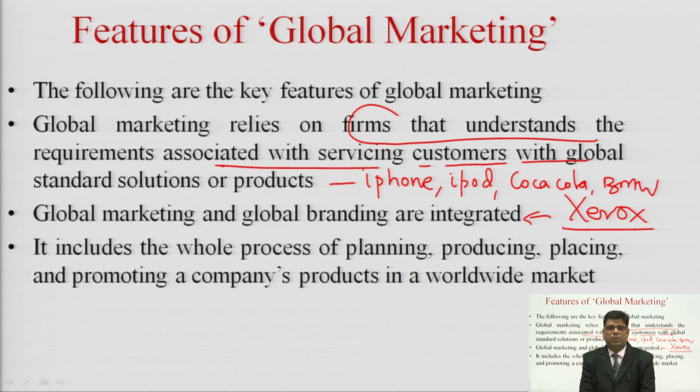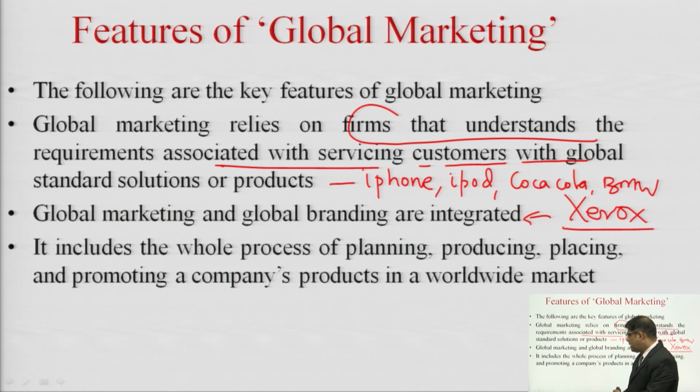So, Micromax marketed their phones across the globe with a different strategy, while someone else was the Indian brand ambassador. So, global branding and global marketing go hand in hand, and are very much tied into each other.